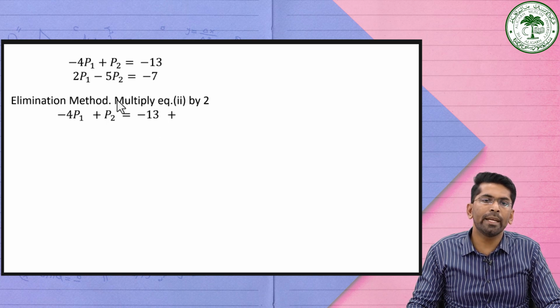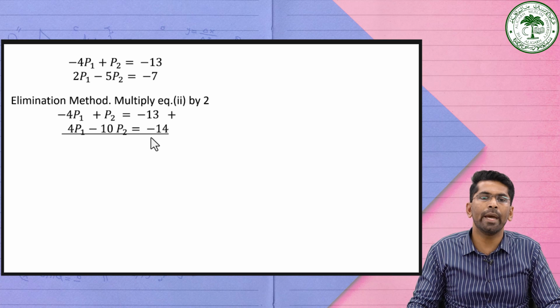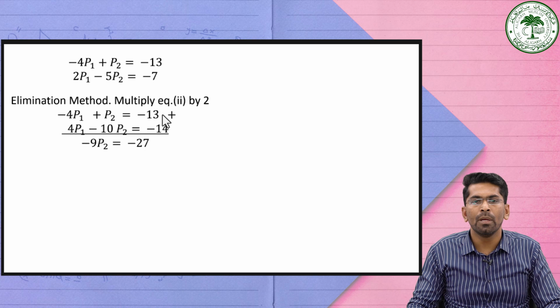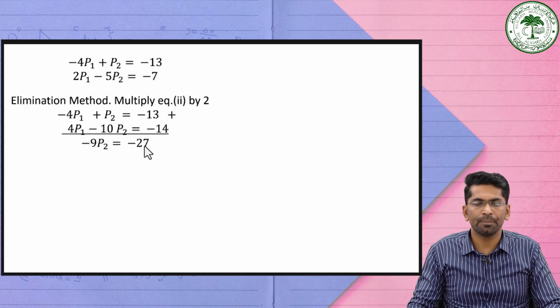Then multiplying the second equation by 2, it is 4P1 minus 10P2, which is equal to minus 14. If you add up these two equations, minus 4P1 will be cancelled out. Then P2 minus 10P2, which is minus 9P2, is equal to minus 13 minus 14, which is minus 27.